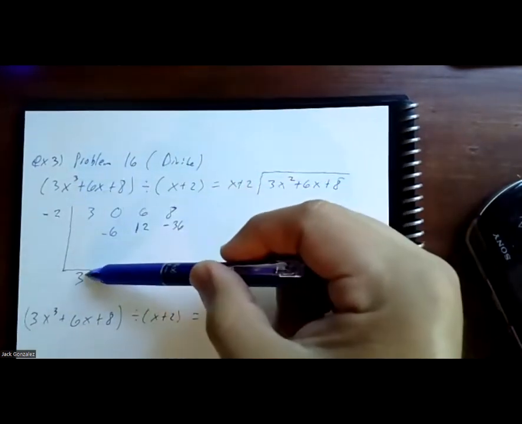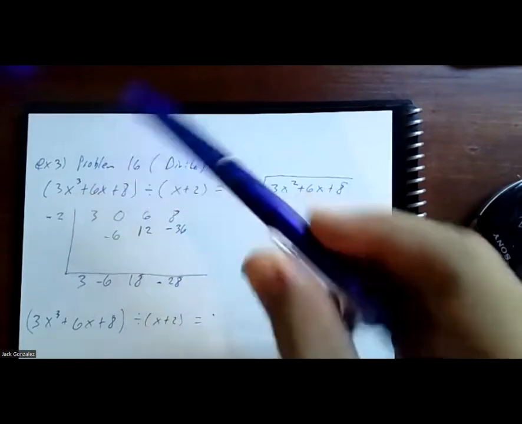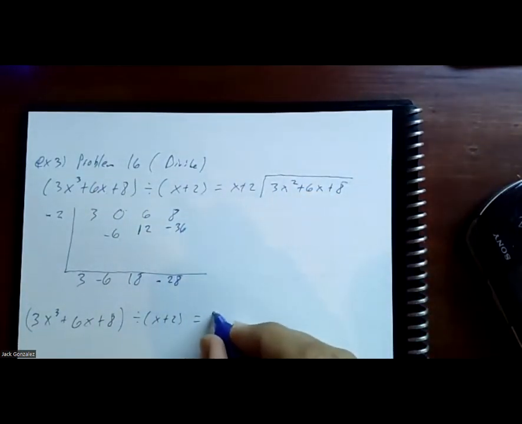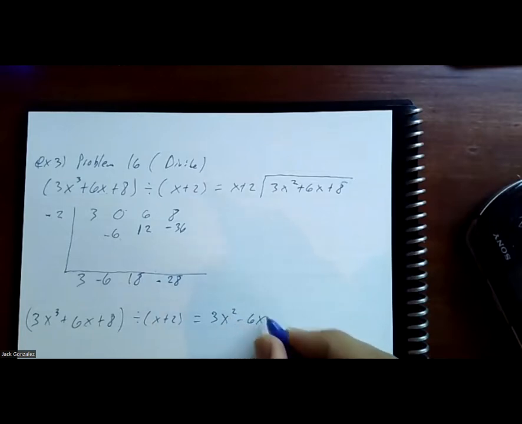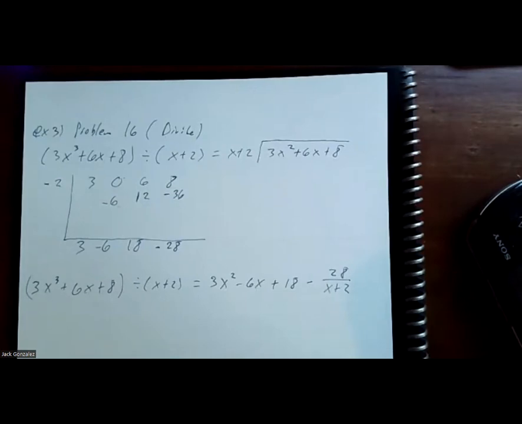So cubic, the answer will be quadratic because I divided by a linear, so it should have lost 1 power, right? 3x squared minus 6x plus 18, and then the remainder over the divisor. Any questions on number 3?